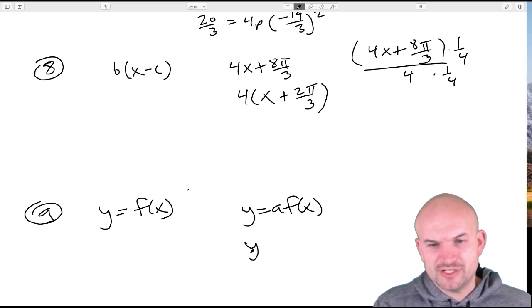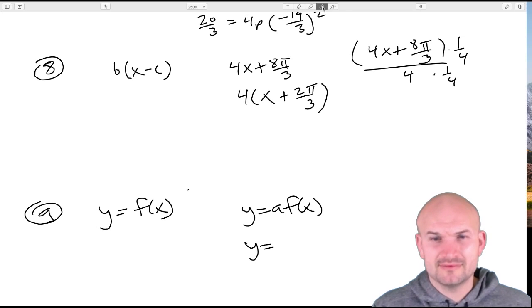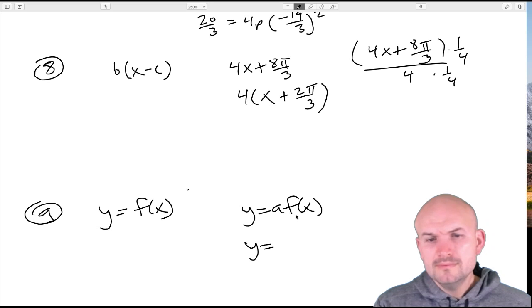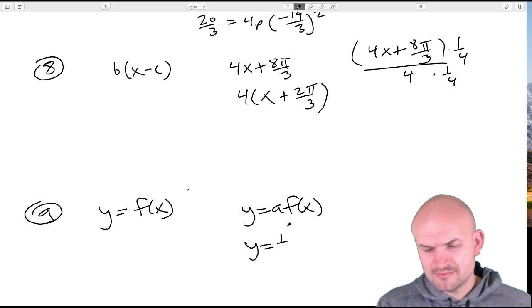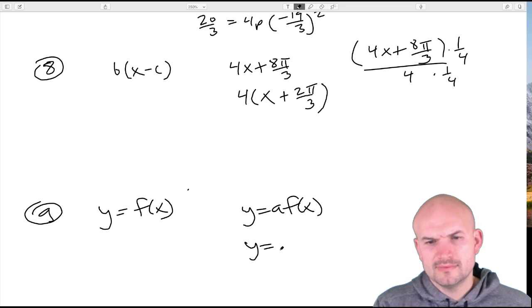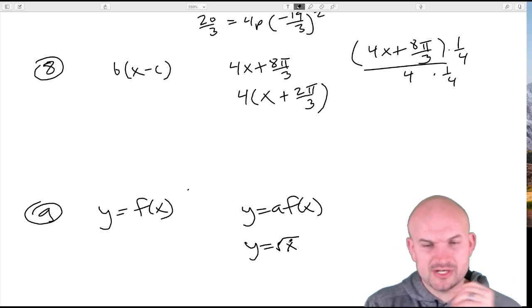So if you have the function y equals the square root of x, that's just the square root function with no stretch or compression, right?